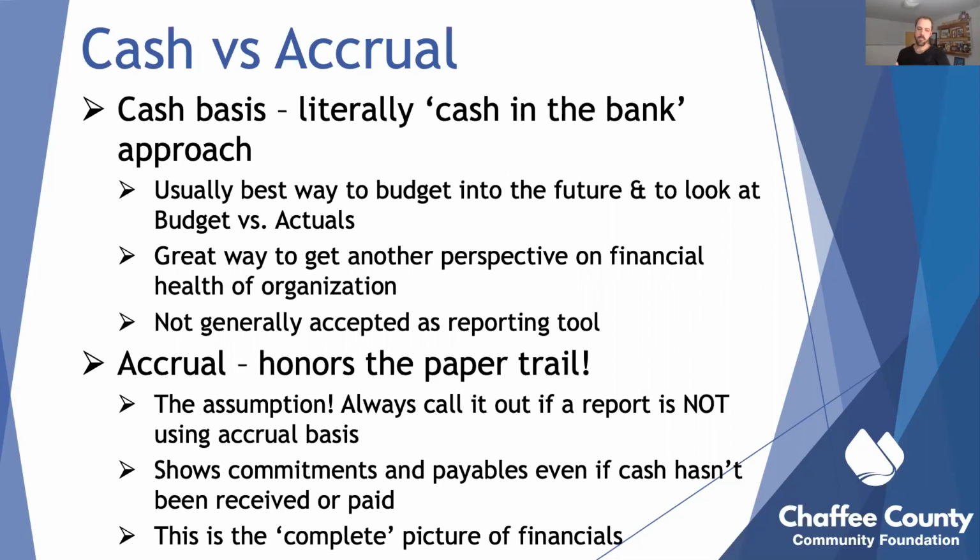But usually for any other financial statement, whether it be a P&L or a balance sheet, you want to be looking at an accrual basis report. And it honors the paper trail. So you get a $100,000 grant letter from a funder. The date of that letter is the date that you enter that transaction, and it shows up as revenue on your P&L and as a receivable on your balance sheet, right?